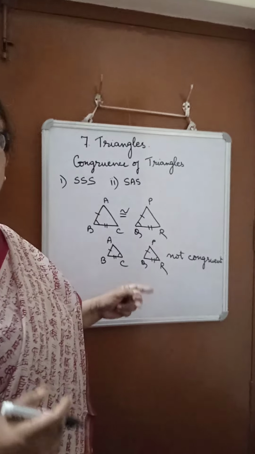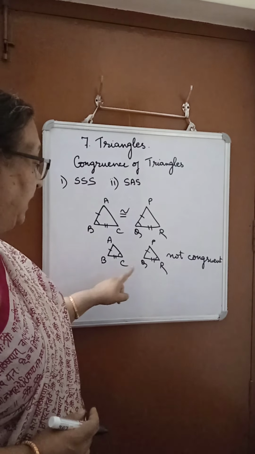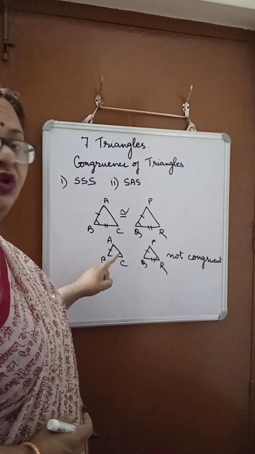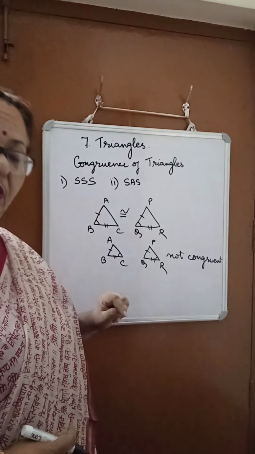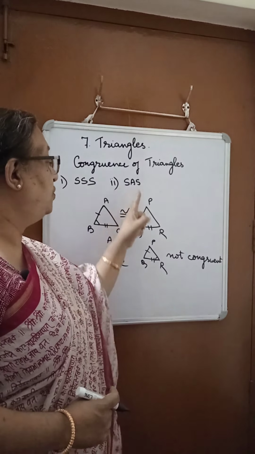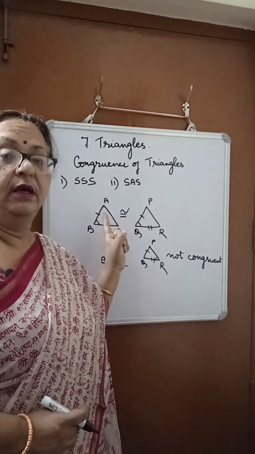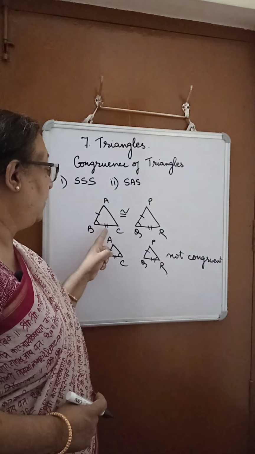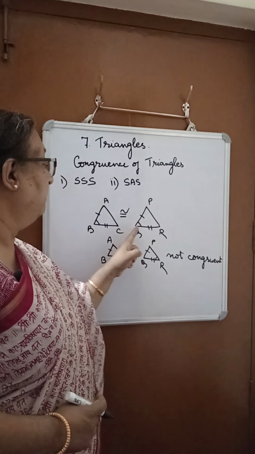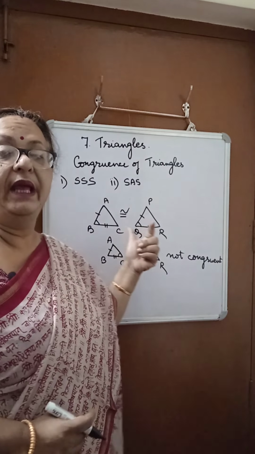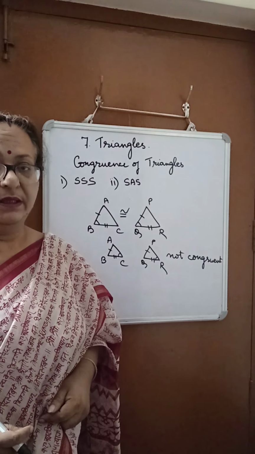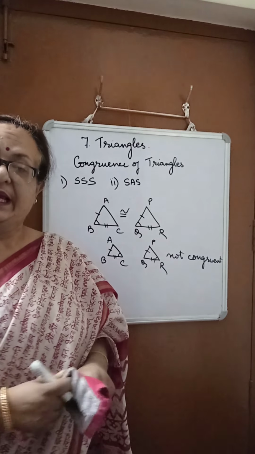Why not congruent? Because this angle is not between the two equal sides. Okay, children. So, for two triangles to be congruent, SAS rule, two equal sides and the angle between the equal sides have to be equal, then the triangles are congruent. Clear this second rule?